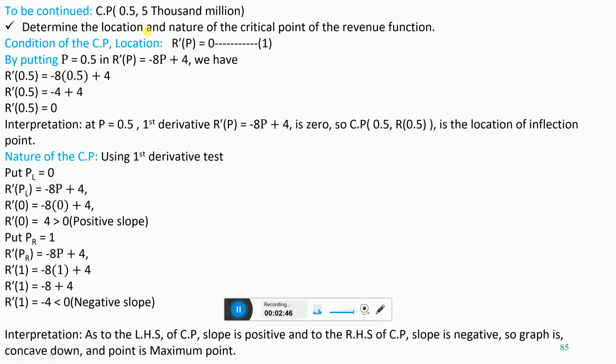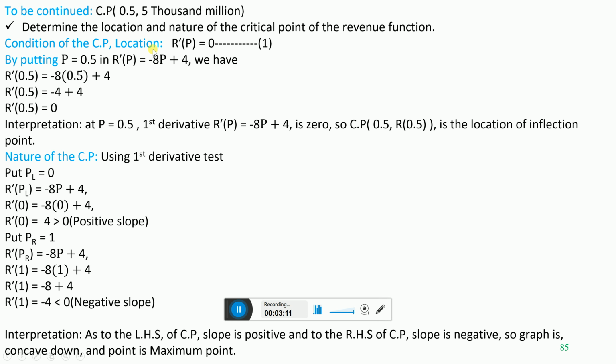So the condition is that the first derivative of the revenue function for the set of P values must be equal to 0, and we give this condition the name 1. So if for the P value the first derivative of the function is equal to 0, then the critical point location is the location of the critical point.